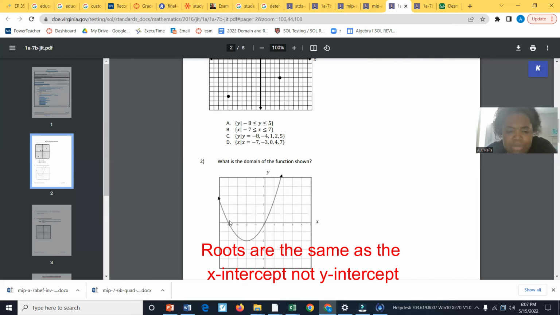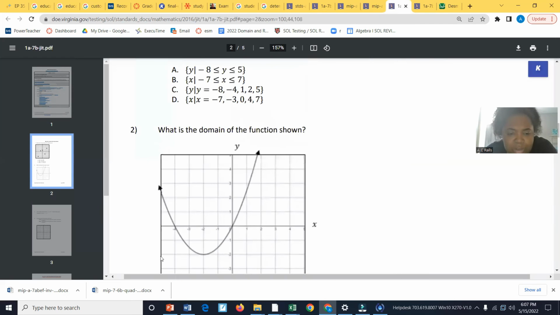On this particular case, if I blow this up, they ask how many zeros this function has. It has 2 because it crosses the x-axis twice. It crosses here at -4, and it crosses here at 0. So those are the 2 zeros. They ask, what is the domain and range? If we look at domain first, you see how you have arrows on both ends?